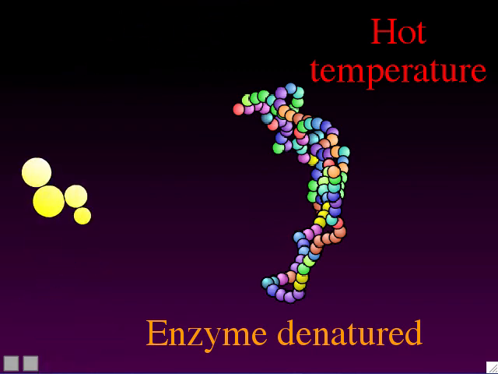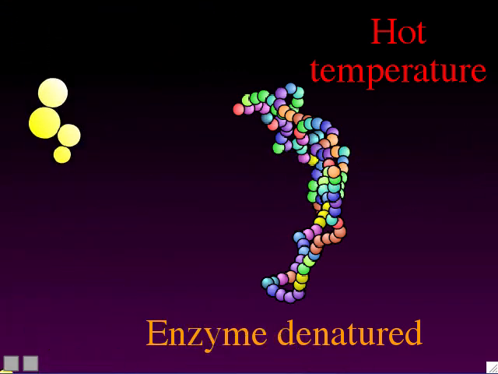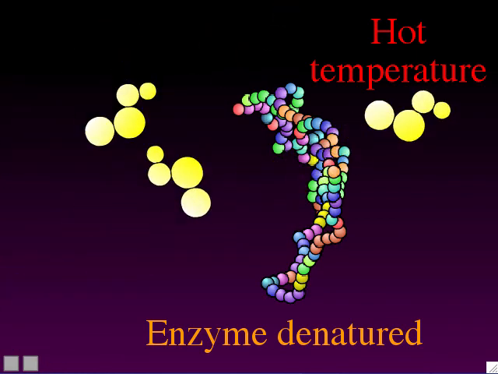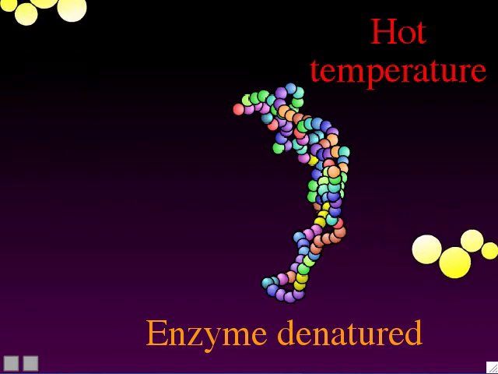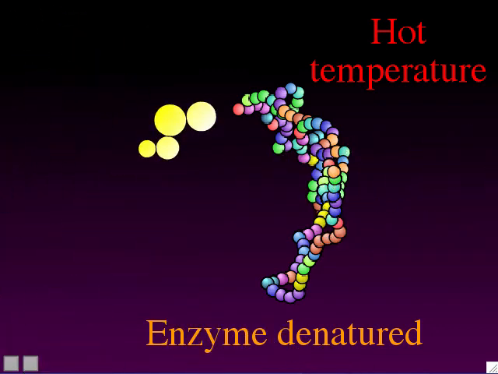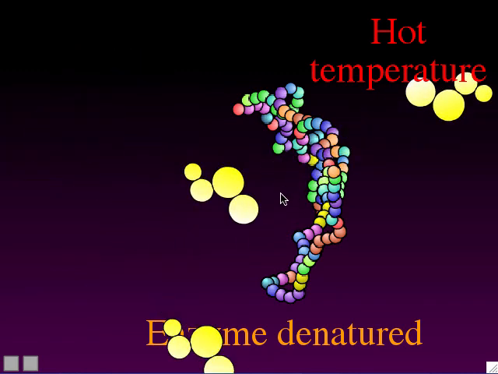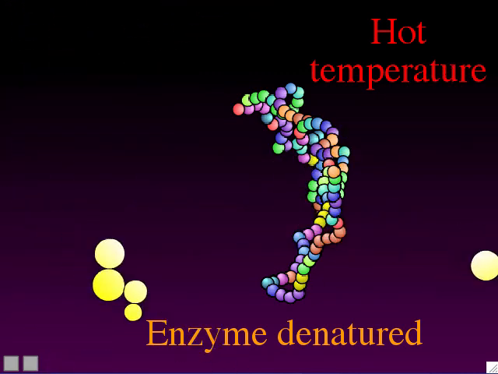So when an enzyme is denatured, it can't bind its substrate anymore. Its active site just doesn't have the right shape. That is why if you start heating an enzyme up above body temperature, the activity of the enzyme goes down. The enzyme gets more likely to be denatured, and when it's denatured, it can't bind its substrate molecules.